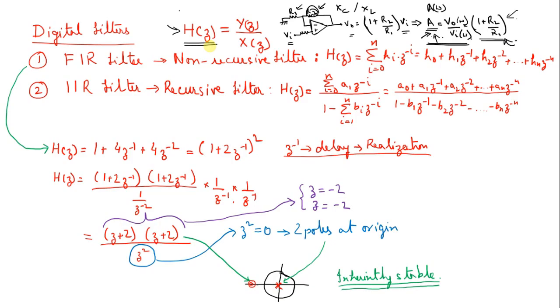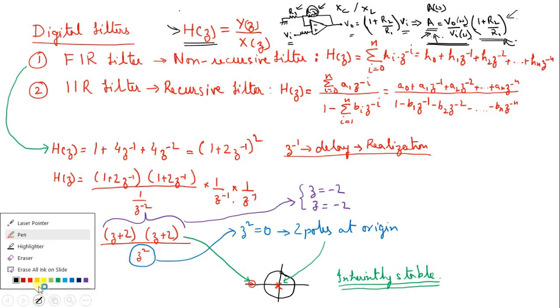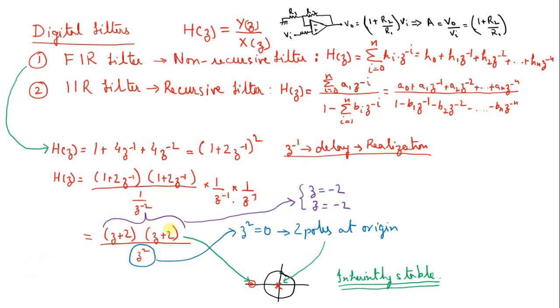Now, having an understanding of the filters, in most of the filters, especially if you look into this non-inverting amplifier, there is a feedback loop through R2. What is that feedback loop?